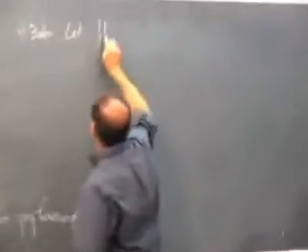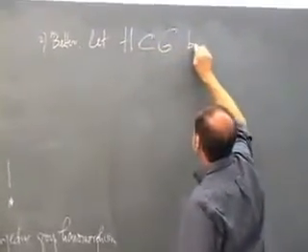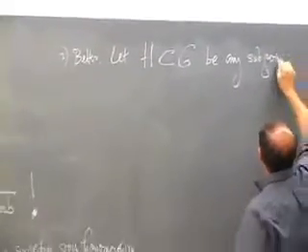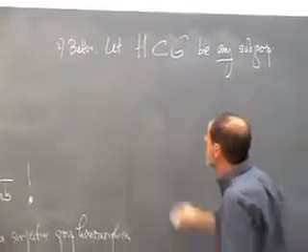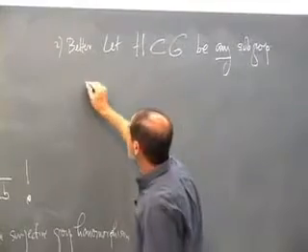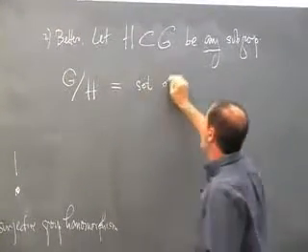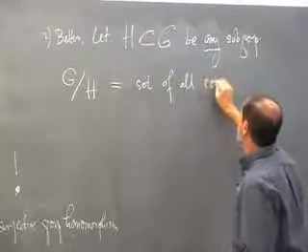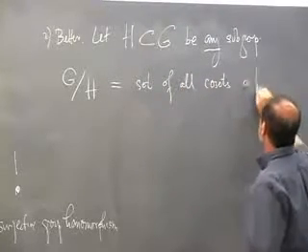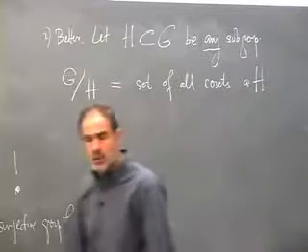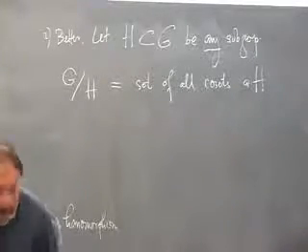Let H in G be any subgroup. Let the cosets G mod H be the set of all cosets AH. That's a good set. We've defined that for any subgroup now. We know what a coset is.